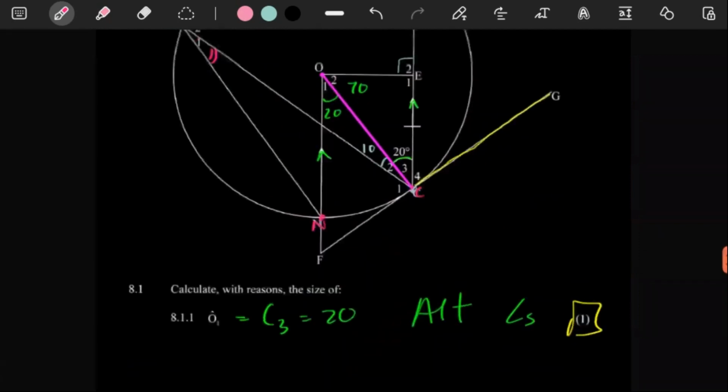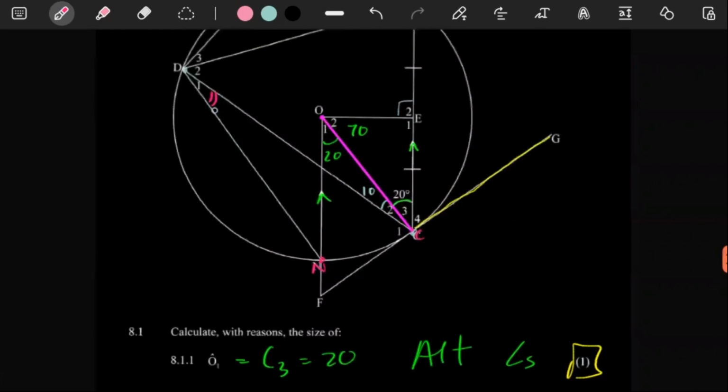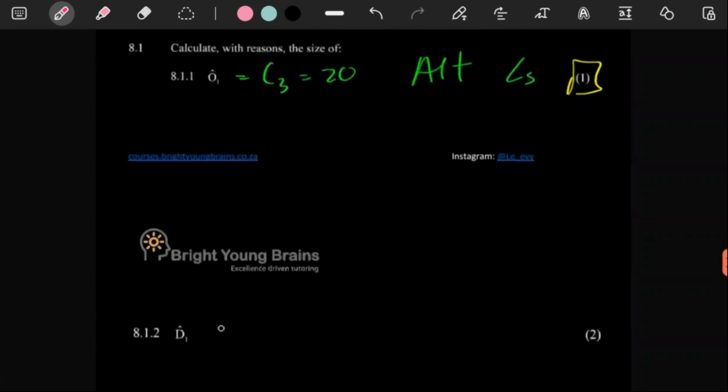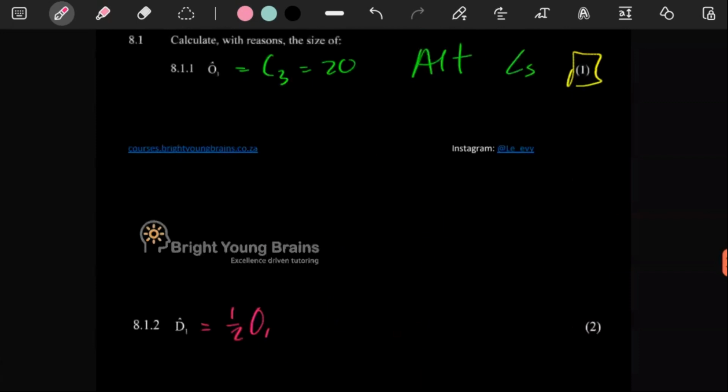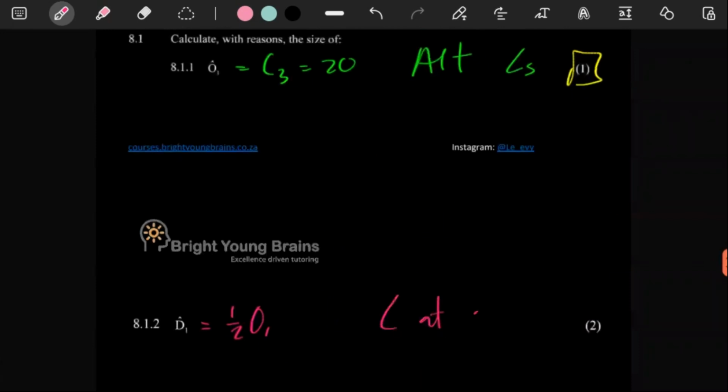So what it means is O1 is double D1, because the angle at the center is double the angle at the circumference. This is equal to half of O1. The reason is angle at center of circle.